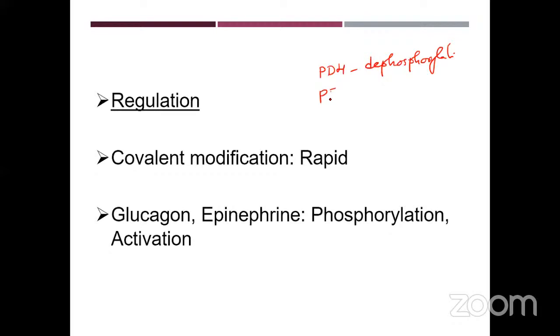Likewise, phosphofructokinase is also active in dephosphorylated form. But the enzymes of gluconeogenesis are all opposite to the action of these enzymes. So they will be active in phosphorylated form. That phosphorylation is favored by these two hormones. Is it clear?